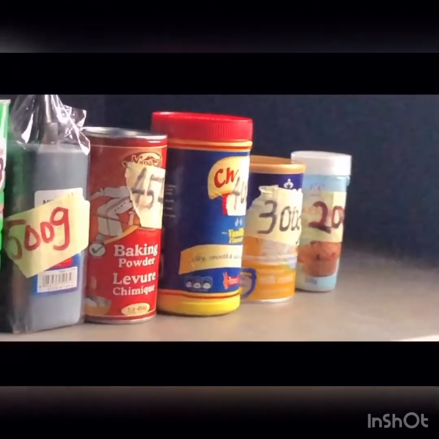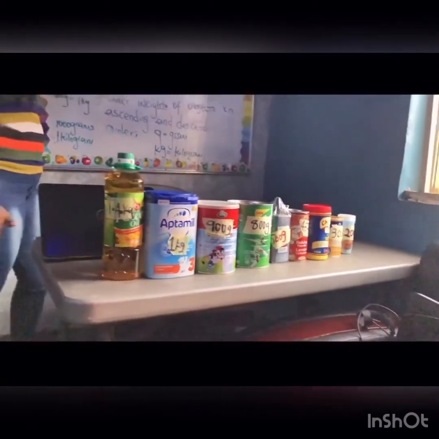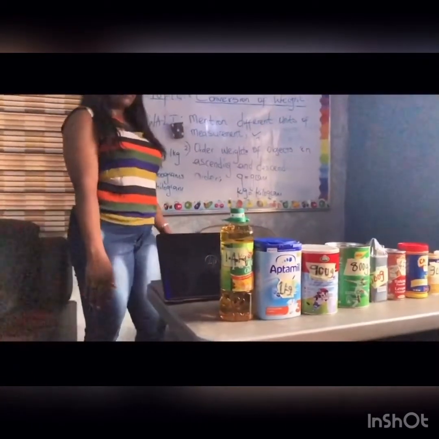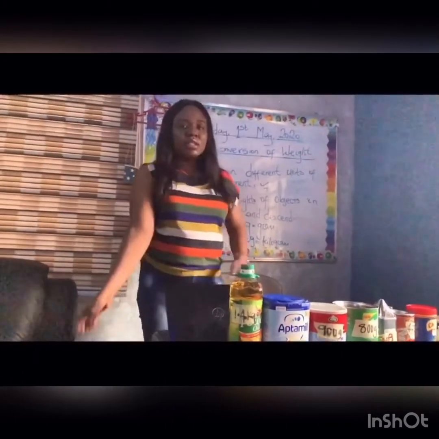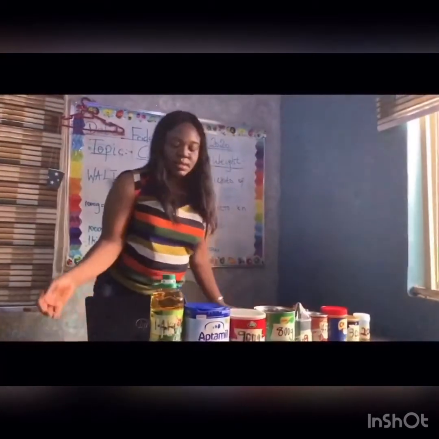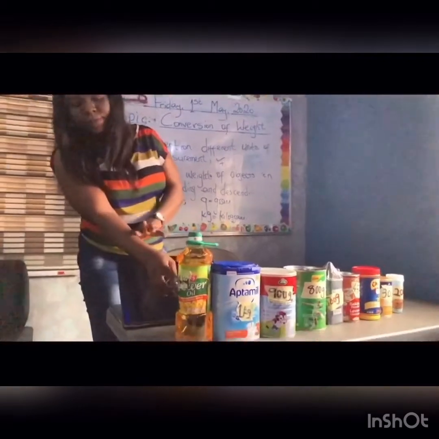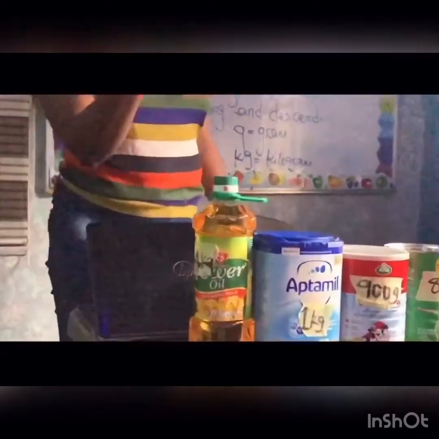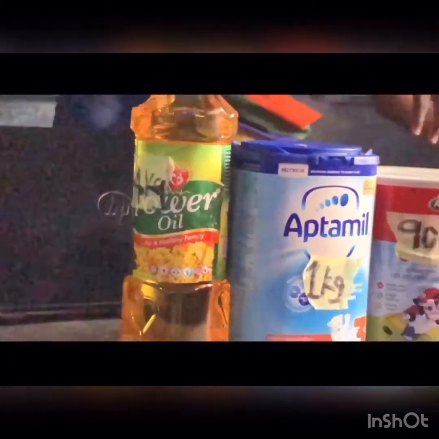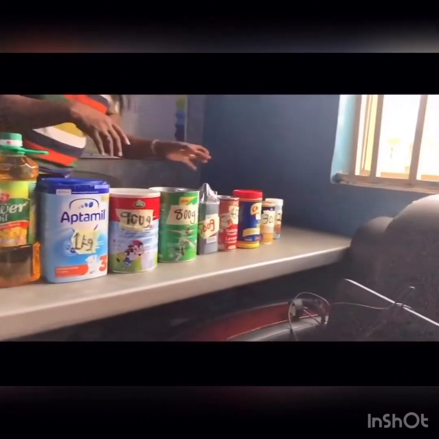So when we say descending, we are going from the heaviest to the lightest. The one in front is the heaviest, which is 1.4 kilogram, and the lightest is 200 grams.